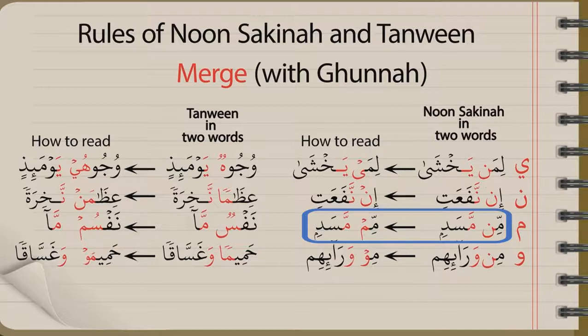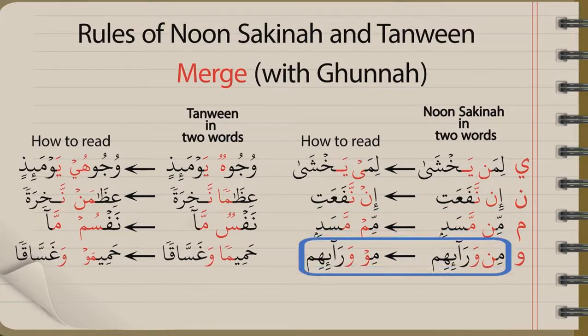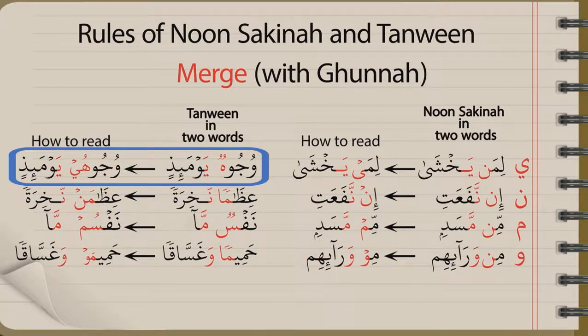We replace the Noon Sakina with Mim Sakina. Mim Masadin. Well, min waraihim, the same. We replace the Noon Sakina with the Waw. Min waraihim. Remember, the gunna comes from your nose and it's 2 counts.